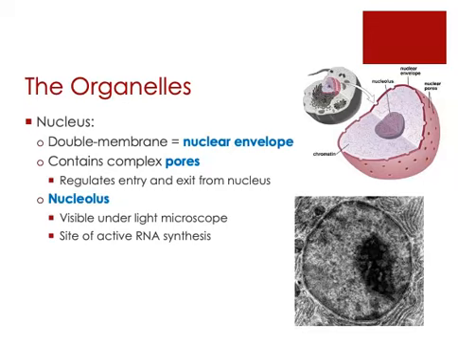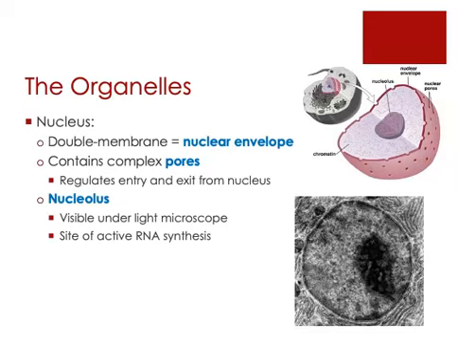Let's begin our discussion of the organelles with the nucleus. The nucleus actually has a double membrane, but it's a different double membrane than the mitochondria and the chloroplast. The nucleus is not believed to have arisen through endosymbiotic means.